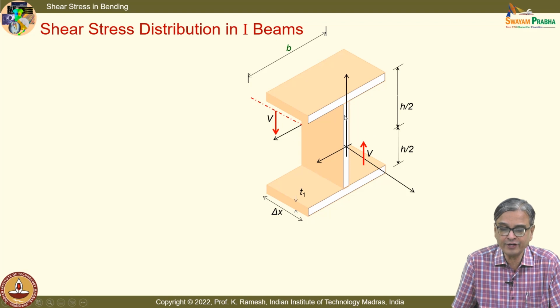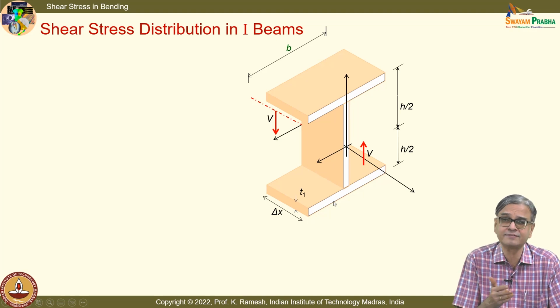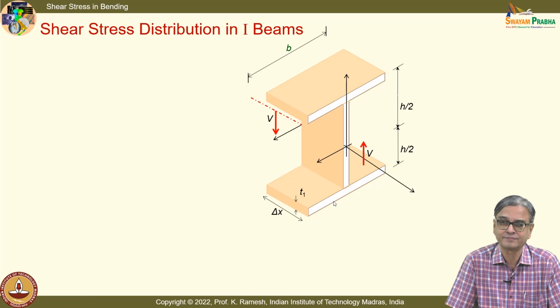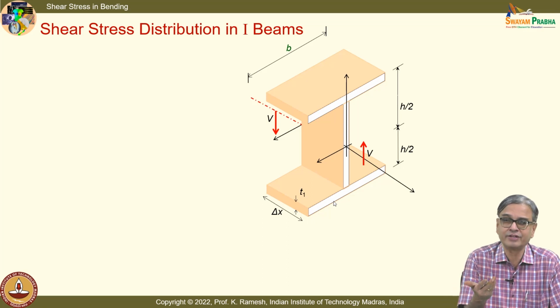And for me to find out what happens if I put a horizontal cut, you can anticipate that horizontal cut will give me a variation of shear stress over the depth of the beam. Fine. We have already seen what should be the variation. We have seen that the variation should be parabolic, and which is different from what you have looked at in torsion or bending, only the axial stress.